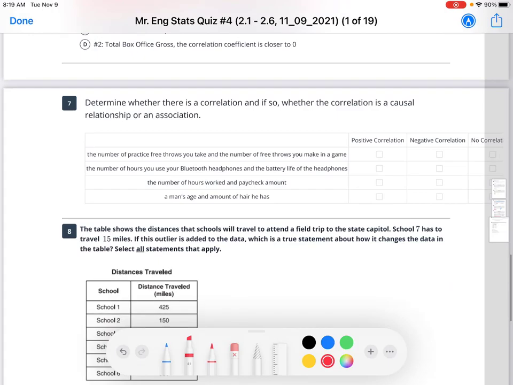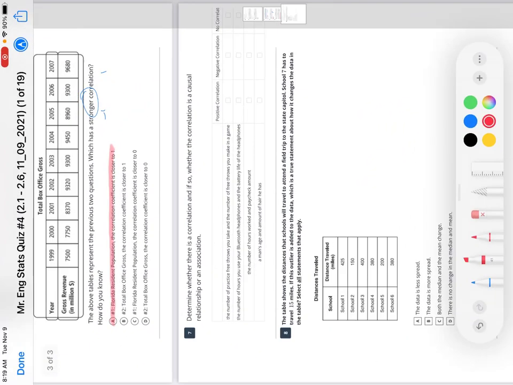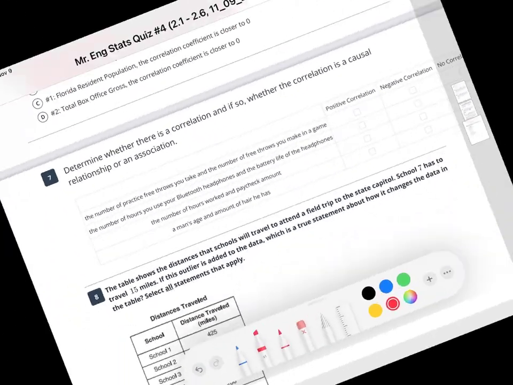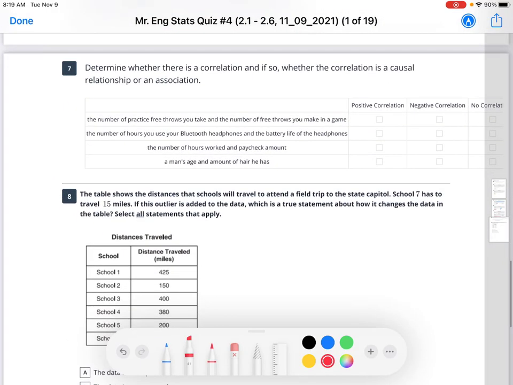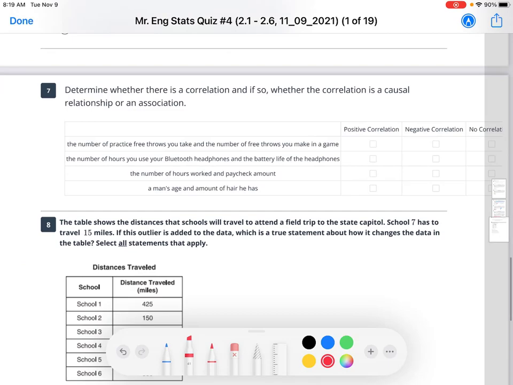All right, question number 7. We have positive correlation, no correlation, negative, and then there's also causal, or causation, and then the other one is association.